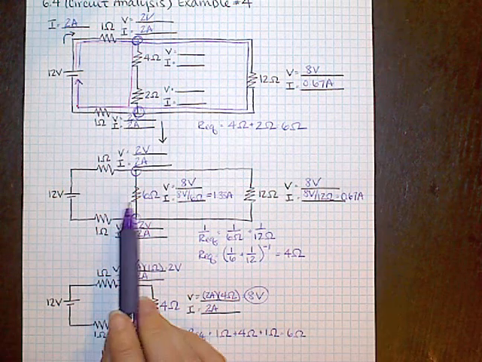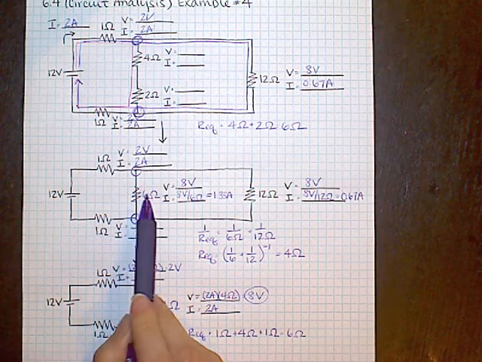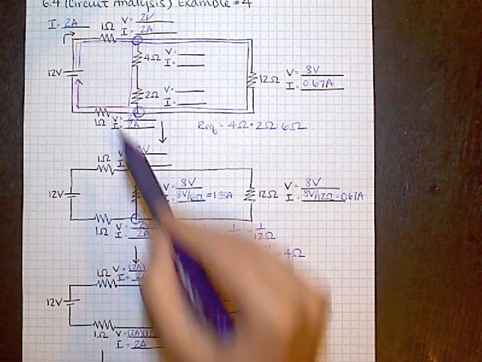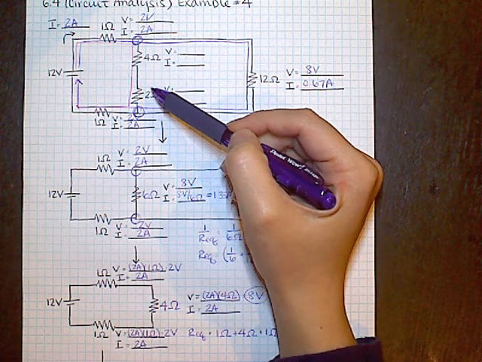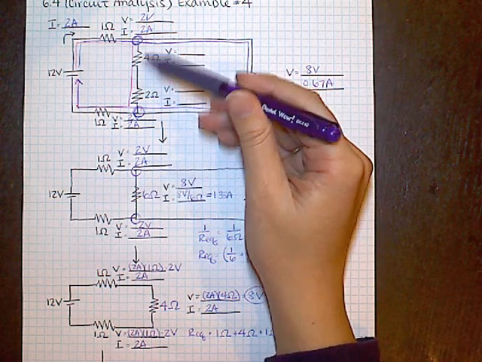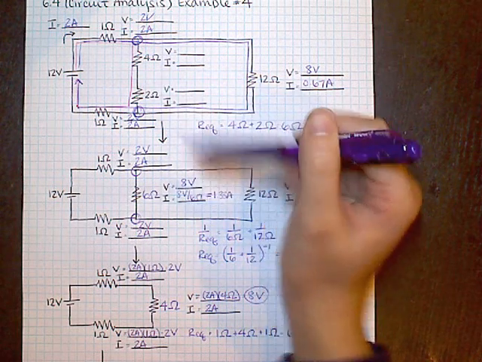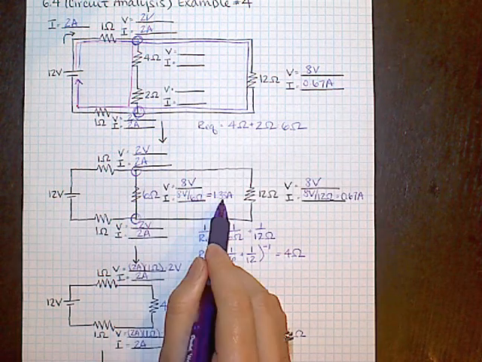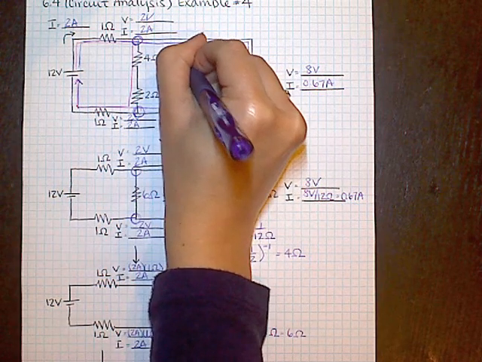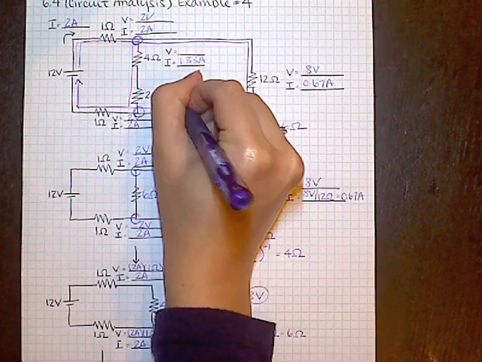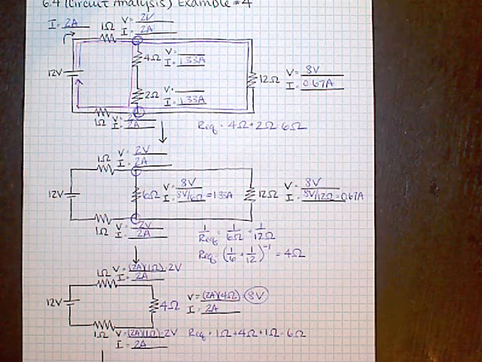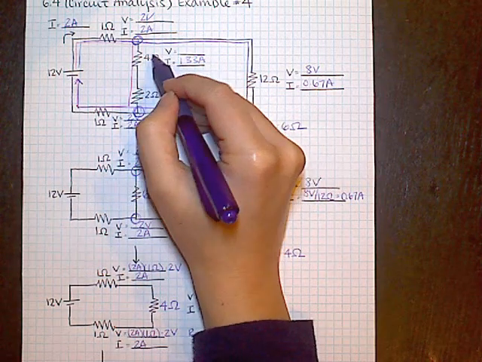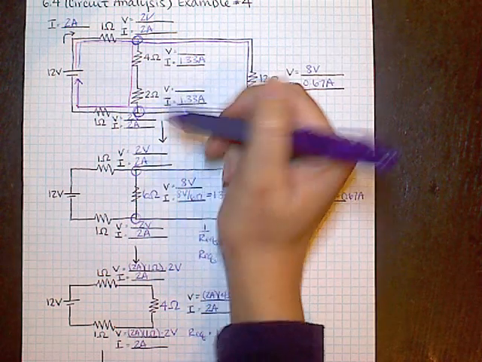So we're good there, but the last thing that I have to do is take this 6 ohm resistor and split it back into these 2 resistors that are in series with each other. Now again, when I split a resistor in series, then the current has to stay the same. So since this 6 ohm resistor had a current of 1.33 amps, then I know both of these resistors must also have a current of 1.33 amps. And then from there, I can go ahead and multiply the current times the resistance to get the voltage for each of these.